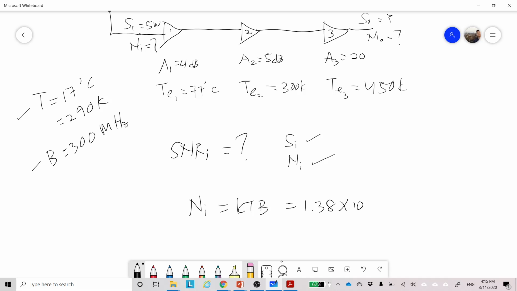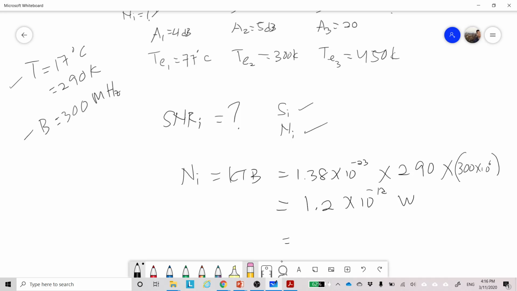So 1.38 times 10 power of minus 23 darabkan dengan environmental temperature which is 290, darabkan dengan bandwidth which is 300 mega. Ini dalam mega kali 10 kuasa 6. You akan dapat value sebanyak 1.2 kali 10 kuasa negatif 12, kira-kira picowatt.